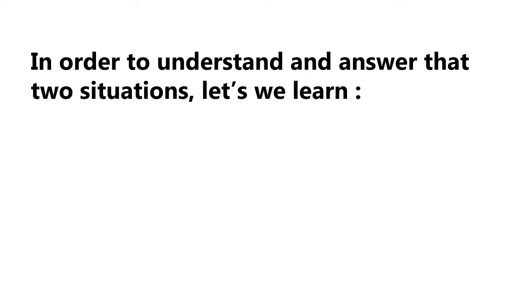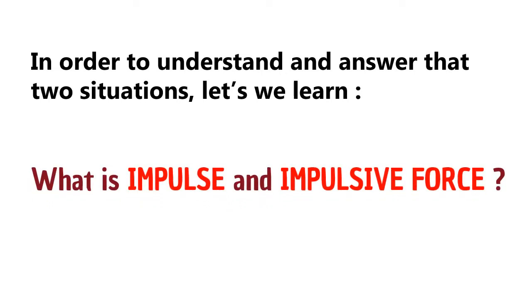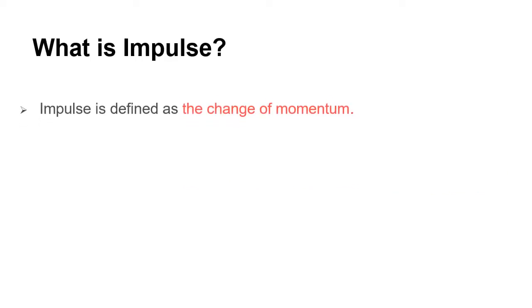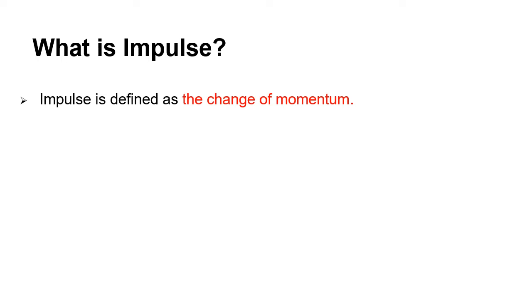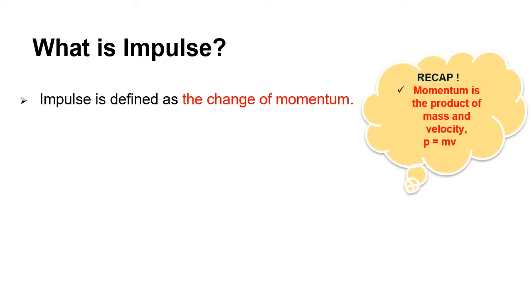In order to understand and answer those two situations, let's relate them to what impulse and impulsive force are. What is impulse? Impulse is defined as the change of momentum. Do you still remember what momentum is? Let's do a recap.